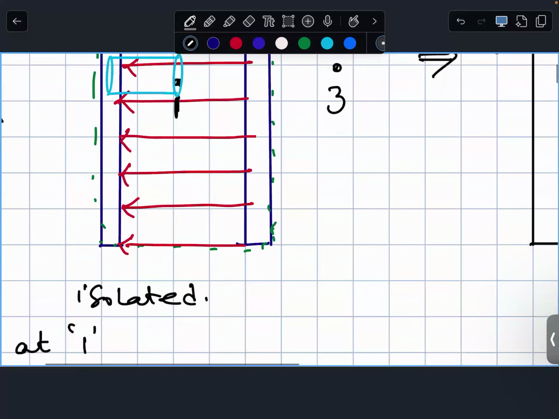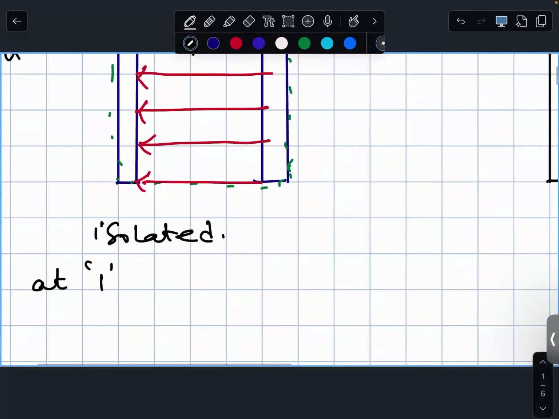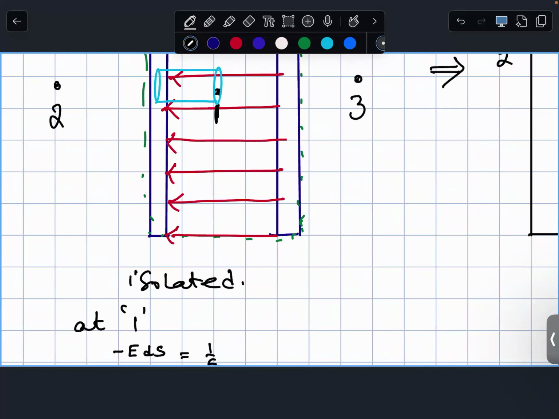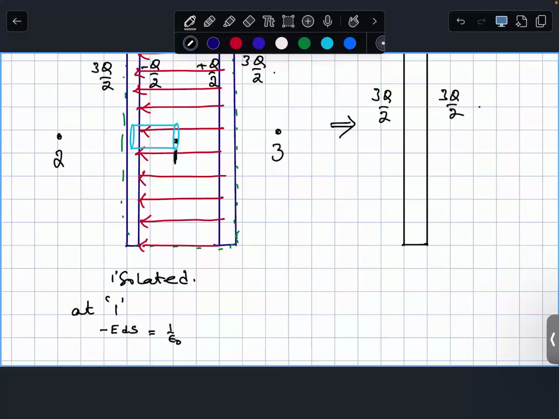Right? Yes or no? So therefore, minus EdS is the flux. Why have I written minus EdS? Inward flux is negative. This is equal to 1 by epsilon naught times the charge enclosed. Can you see the Gaussian cylinder first of all? This is the Gaussian cylinder.